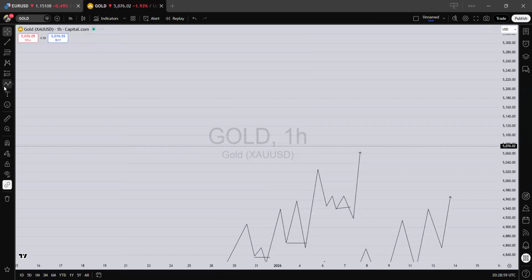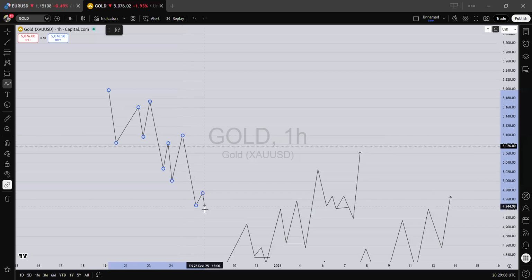But of course, in a bearish trend, every buy side liquidity is important. All right. Every buy side liquidity is important.